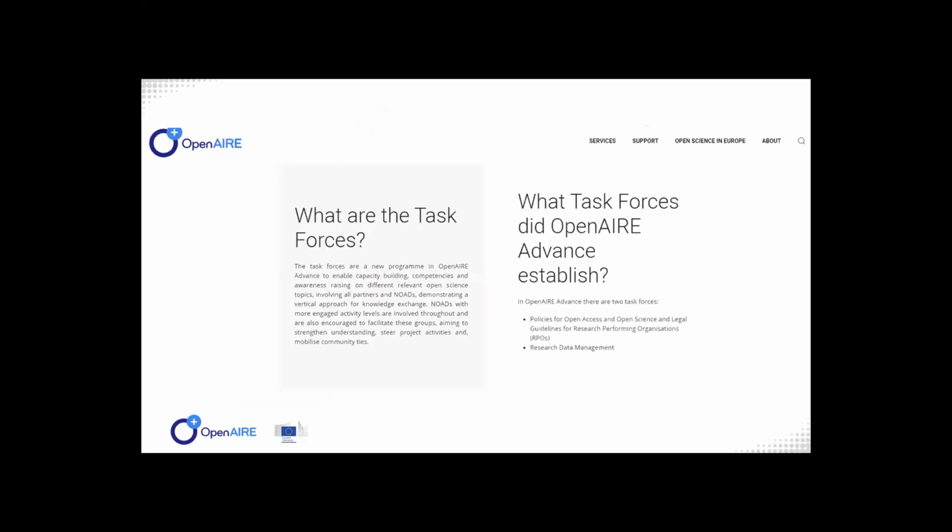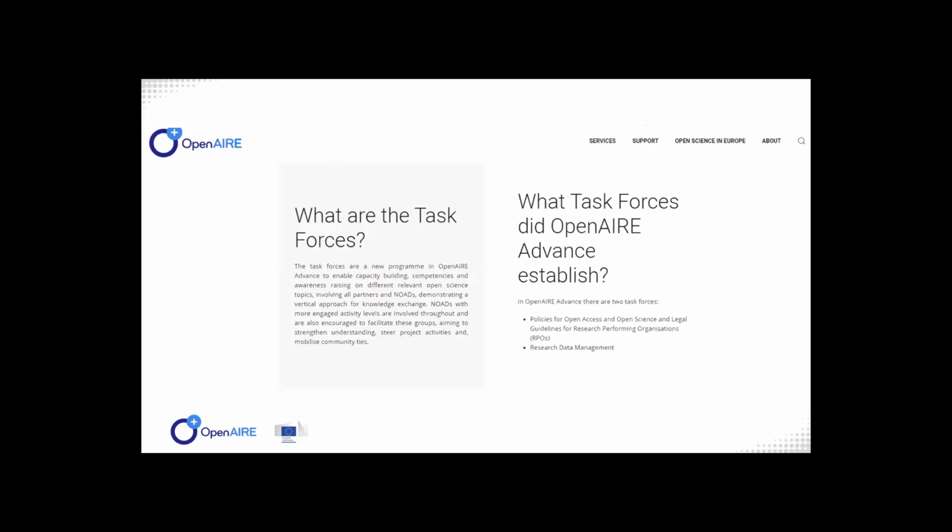And finally, a few words about the policy and legal task force. Within OpenAIRE Advance, we have set up two task forces, one focusing on policy and legal issues, and one focusing on RDM. The aim of the task forces is to raise awareness and increase competencies on various aspects of open science.